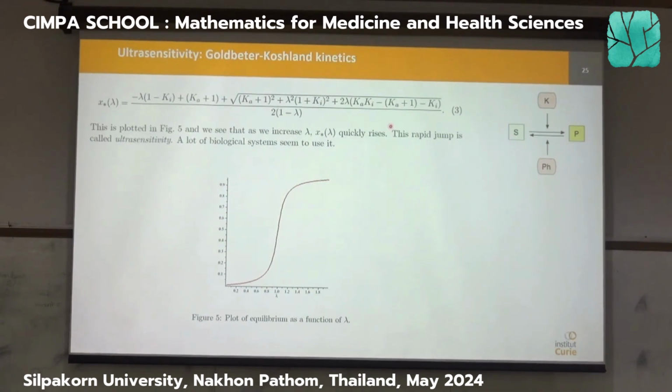It means that if you change lambda a bit, you may change greatly the value of X star.